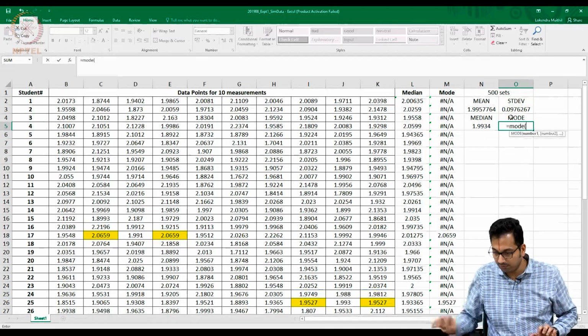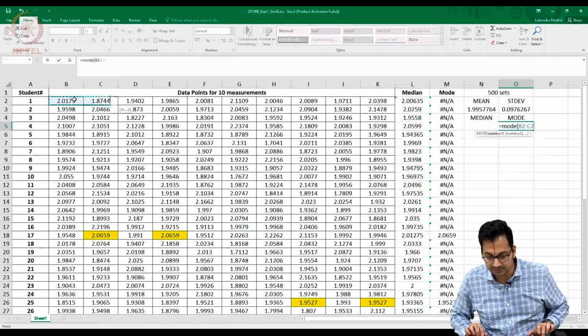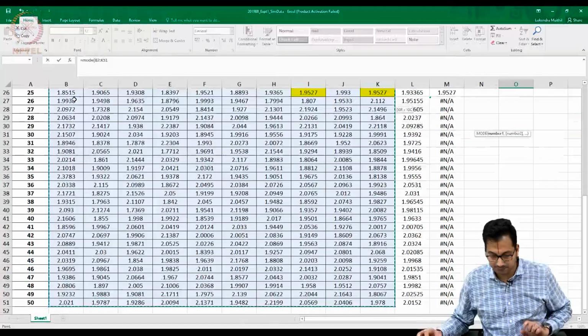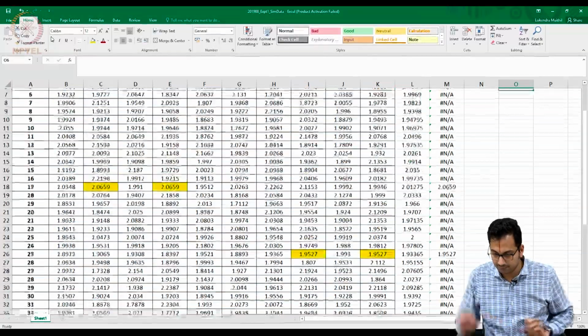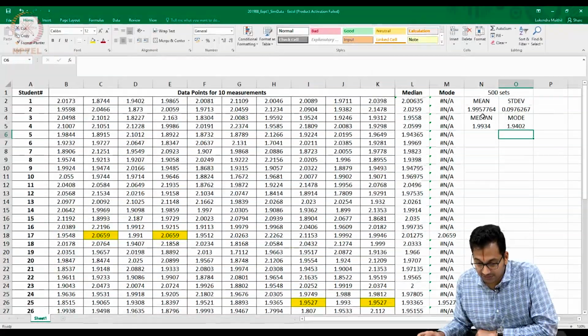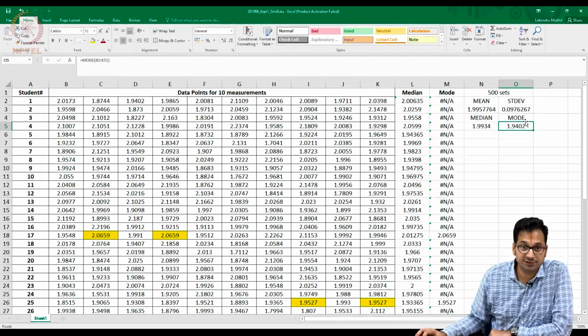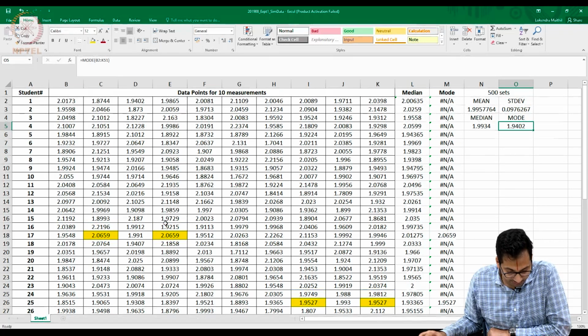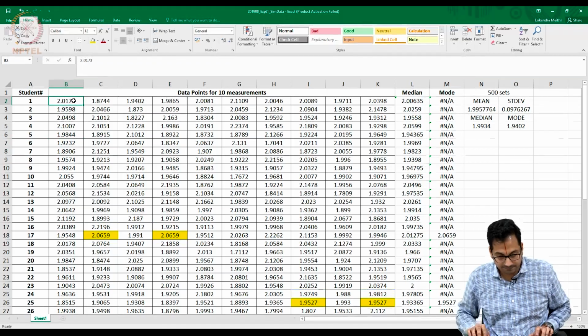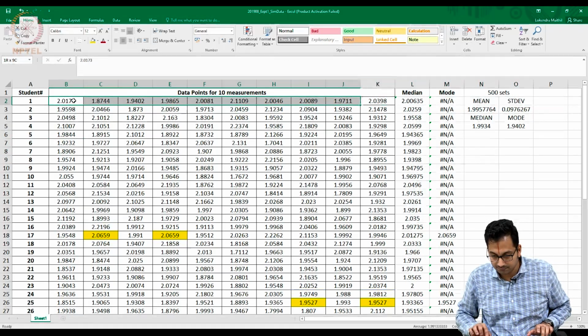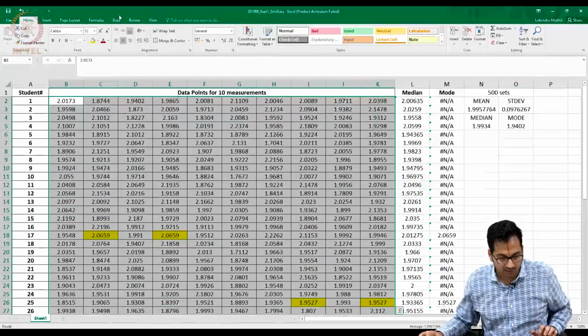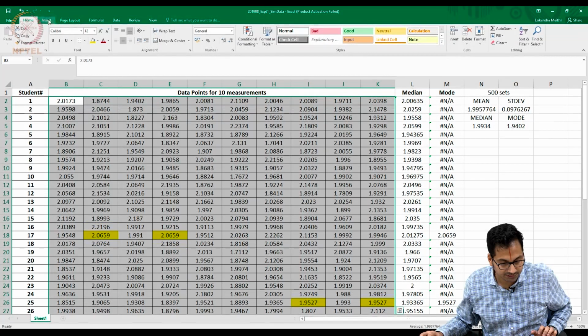So that's going to be a very interesting analysis. The mode comes as 1.9402. So let's see how many times we are able to spot at least a few cases of such occurrences of it. So you can search. Select all, then you should be able to search the data.